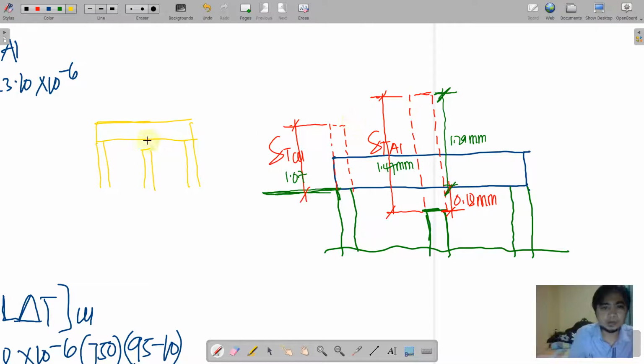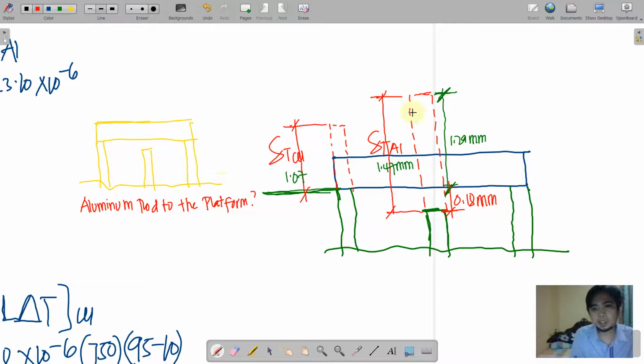So if this is the case, we compare now the relationship or the effect of the aluminum rod to the platform. So what is the effect of the aluminum rod to the platform? Okay, so that is the question.